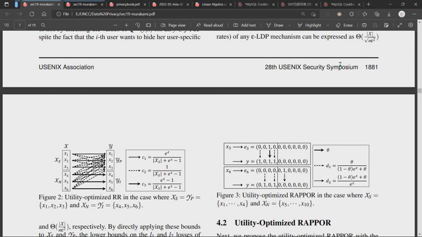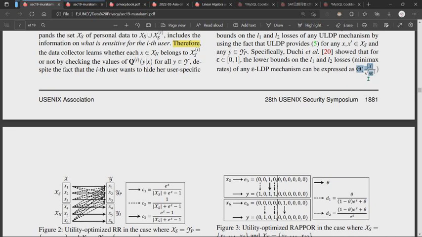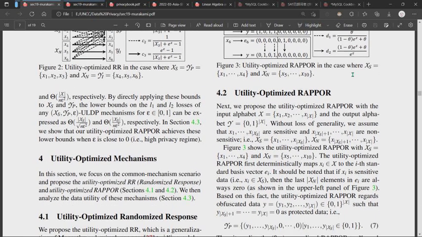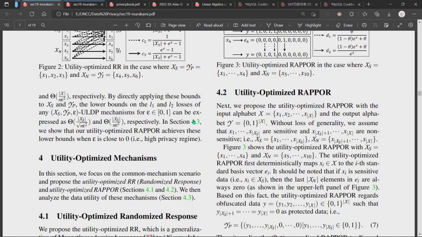But what's the difference? The lower bounds on this respectively in section 4.2 show that we retrieve this lower bound when epsilon is close to zero. When epsilon is close to zero.